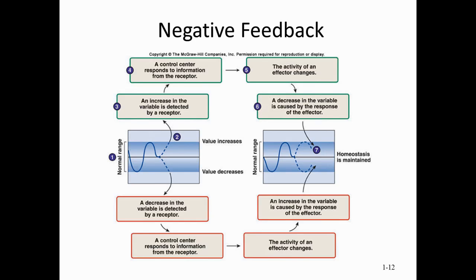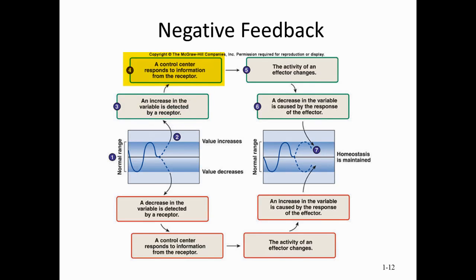And so if we look at this slide here, we'll see maybe going out of the normal ranges here. So an increase in the variable is detected by a receptor, and this is what you need as far as feedback systems. You need a receptor. That would be like the thermometer in our thermostat.